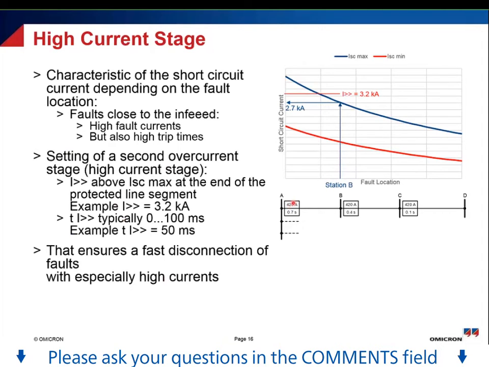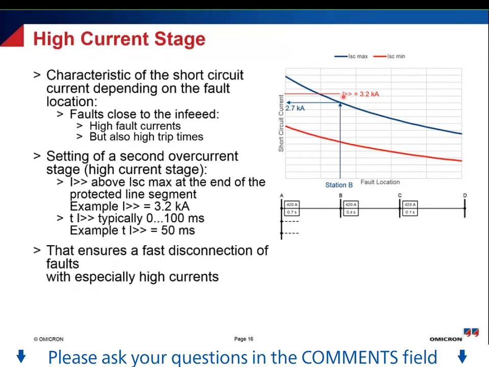In order to maintain our selectivity, if we want to set our relay in substation A, then we take the maximum short circuit current at station B. Let's say in this case it's 2.7 kiloamps, and now we select a current that is above this value with a certain safety margin. So our setting for the high current stage could be, for example, 3.2 kiloamps.